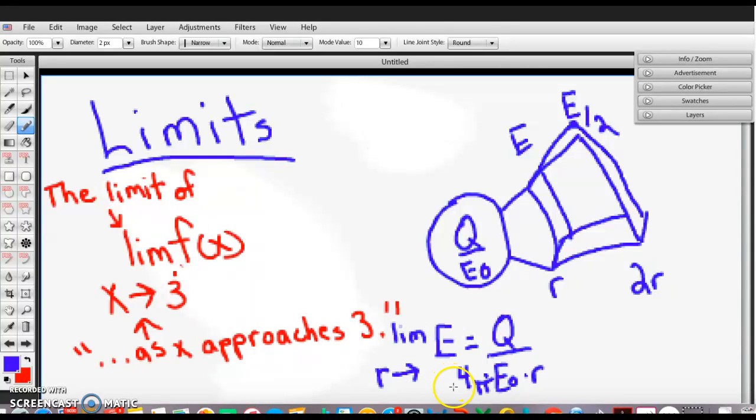Now, we don't have any values because we're not trying to figure out the actual force with numerical values. So we're only going to deal with symbols that represent values. And one symbol that represents a big value would be infinity.